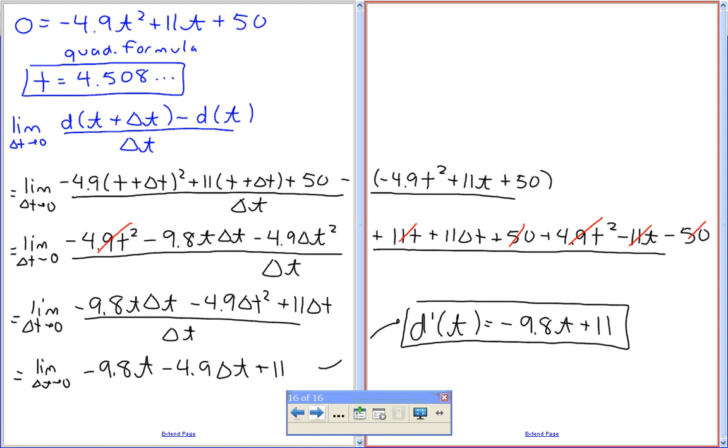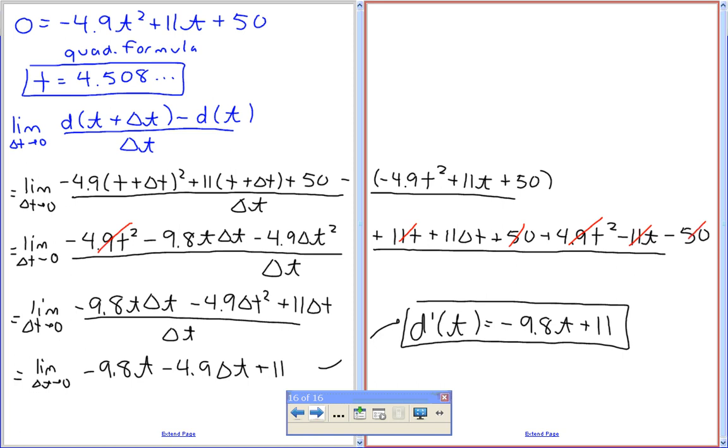No one's asked me this yet, but I'm going to tell you right now: you ever wondered in grade 10 and 11 why we always use 4.9? When you take the derivative of the position, you get the speed, negative 9.8 t plus 11. When you take the derivative of that, you get negative 9.8 meters per second squared, the acceleration. So that's what it all comes down to.